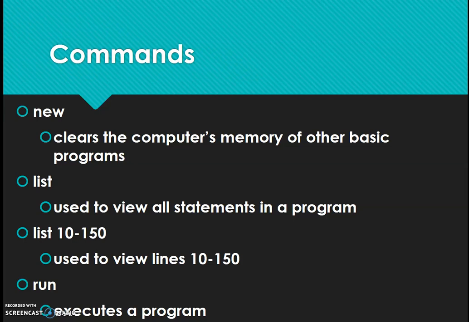Sometimes we only start to see chunks of code, and so I want to be able to list the entire program in order. The command LIST will do that for us. I can list just a chunk of code. So if I type LIST 10-150, it will list just the lines of code that are between 10 and 150. RUN is the command that will allow me to actually execute my program, so that it will run through its lines of code.